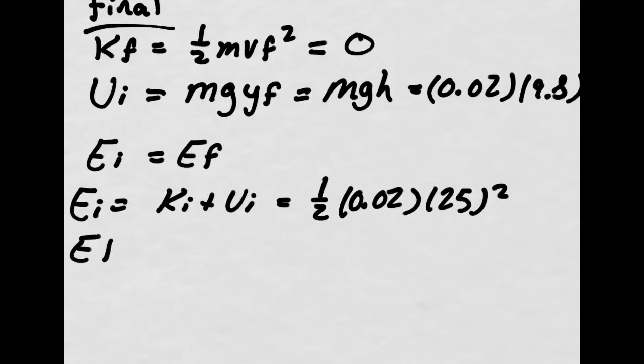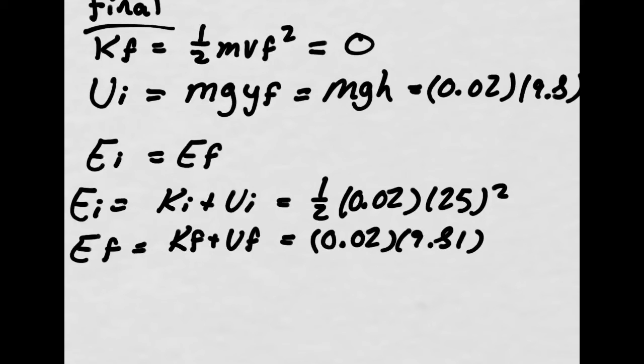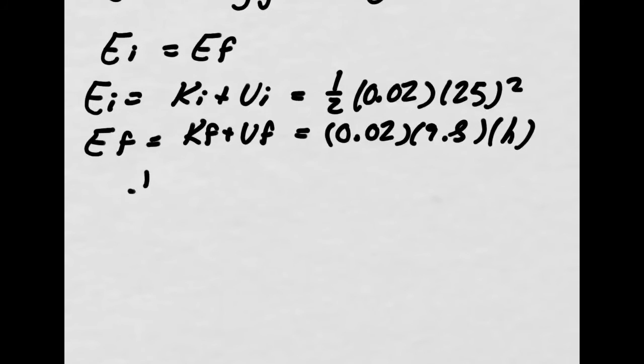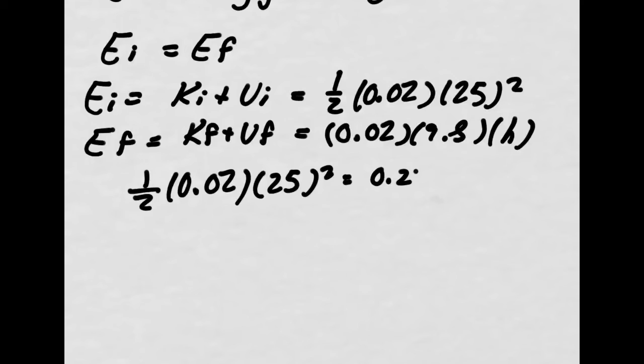E final is K final plus U final, which is 0.02 times 9.8 times h. We set these equal to each other, and we get 1/2 0.02 times 25 squared equals 0.02 times 9.8 times h. So our 0.02's cancel.